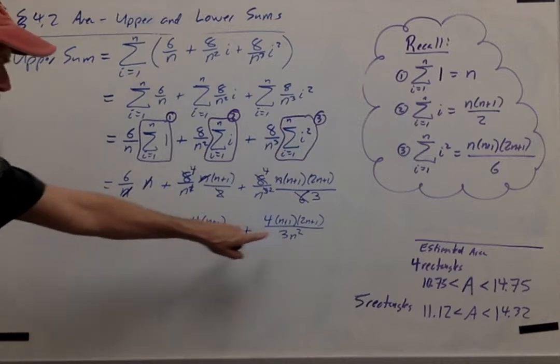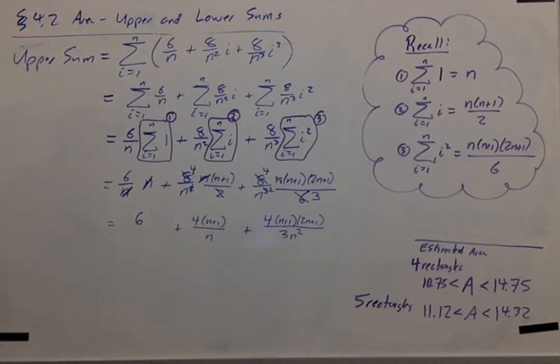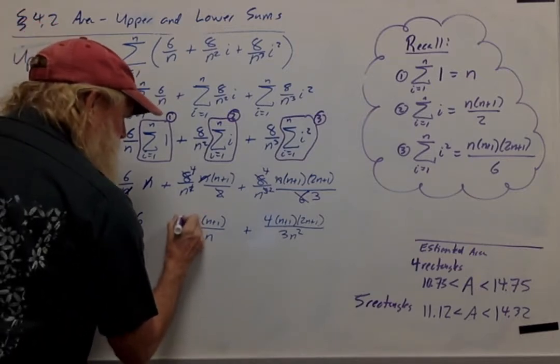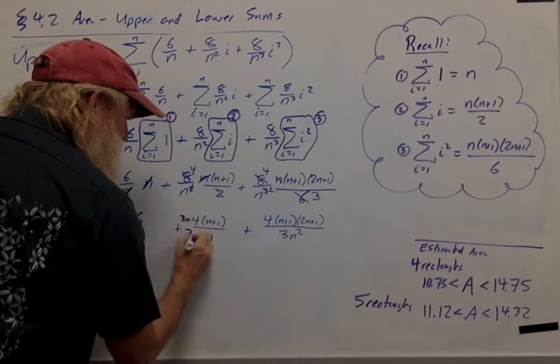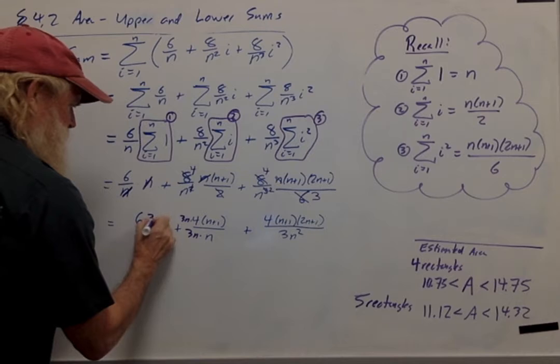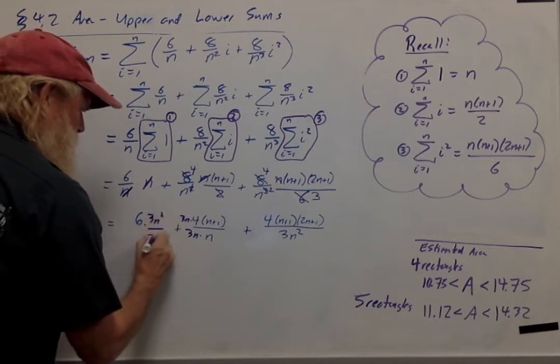So looking across, I can see that my common denominator, least common denominator, is 3n squared. So I need to multiply this term by 3n over 3n, and I need to multiply this one by 3n squared over 3n squared.